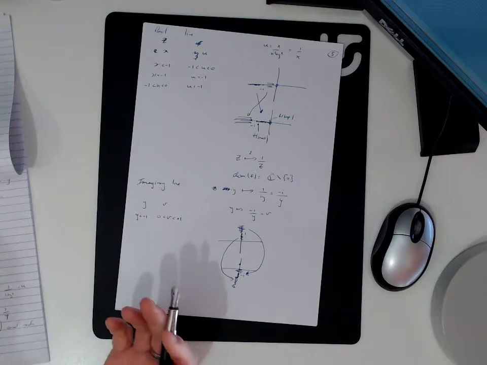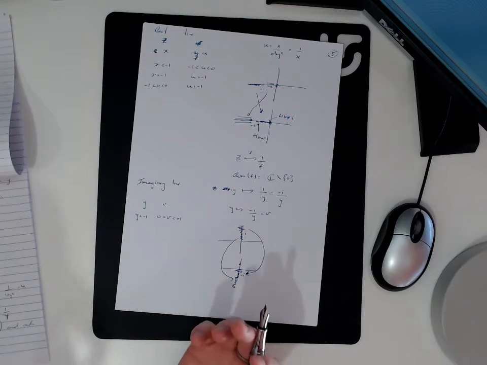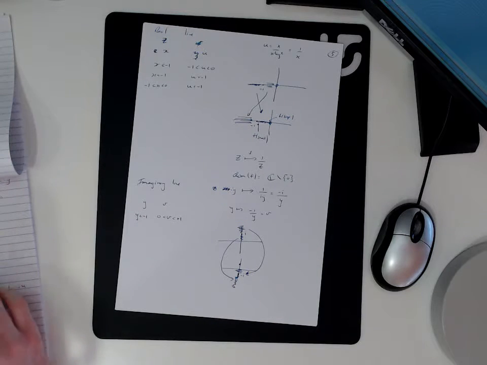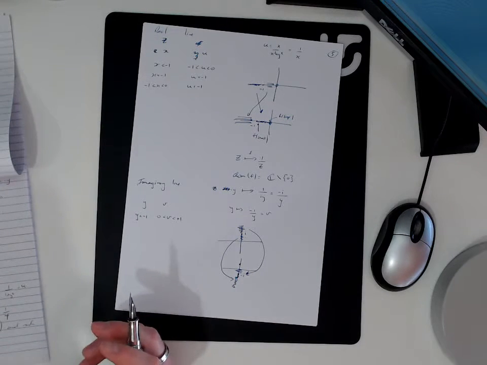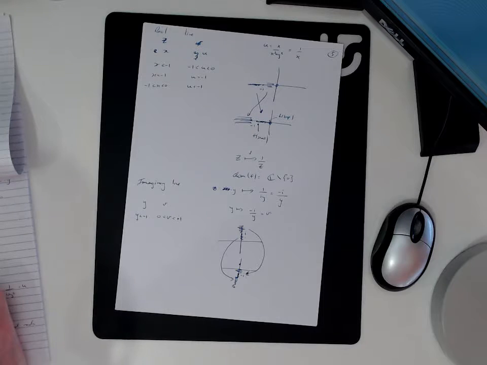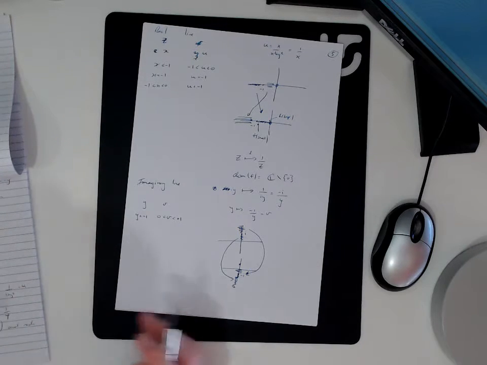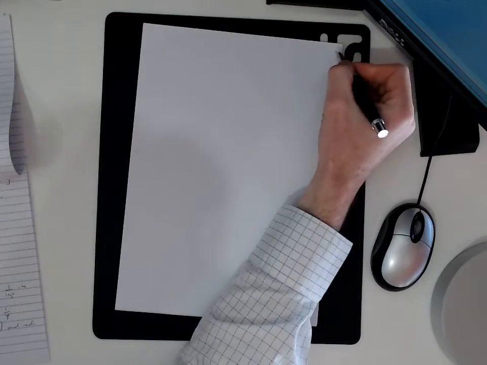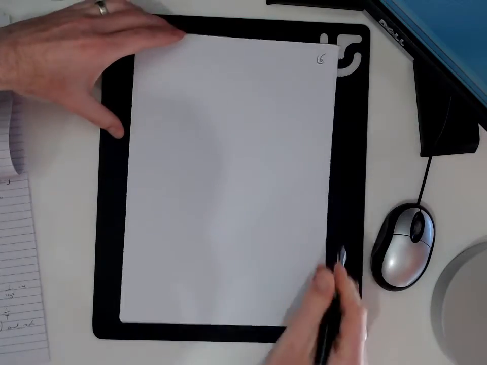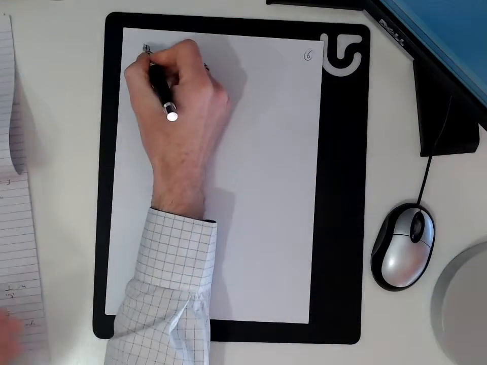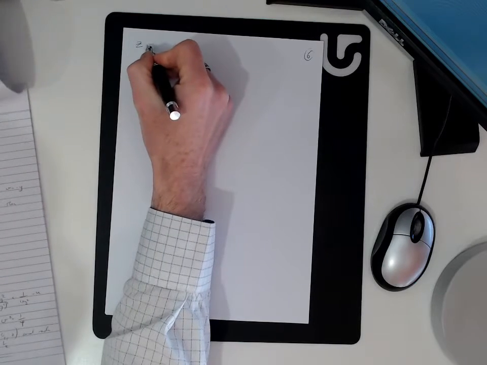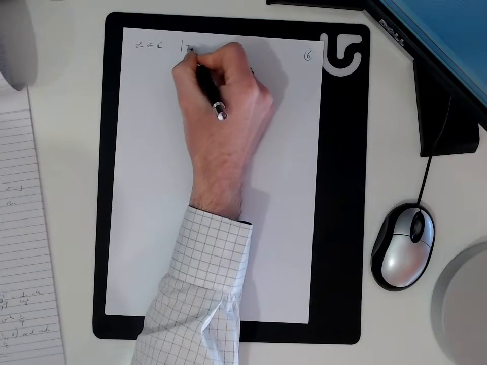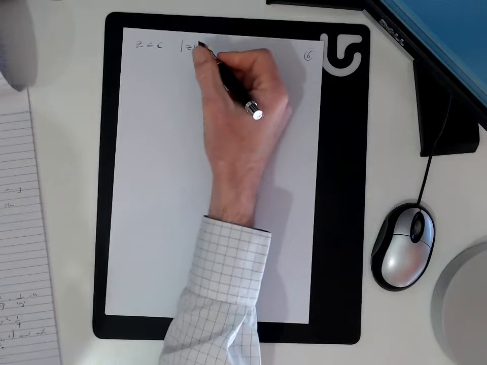So it's kind of like everything with modulus bigger than 1 gets mapped to everything with modulus smaller than 1, and there's also a flip in the real line. We can check that by looking at the circle. So let the complex numbers be such that the modulus equals 1.